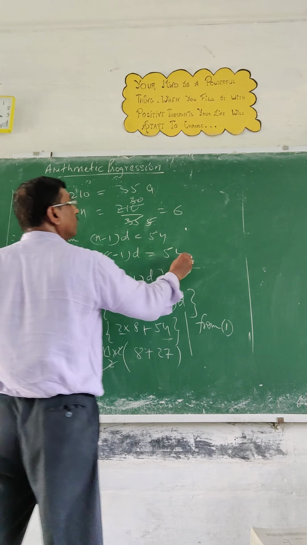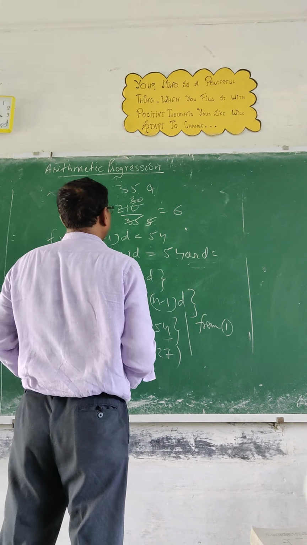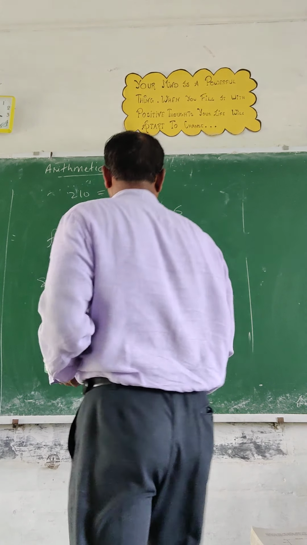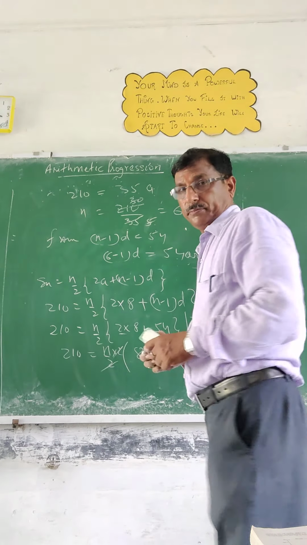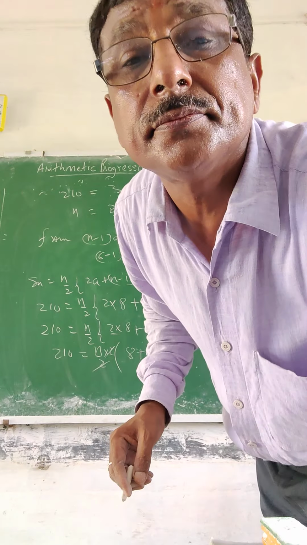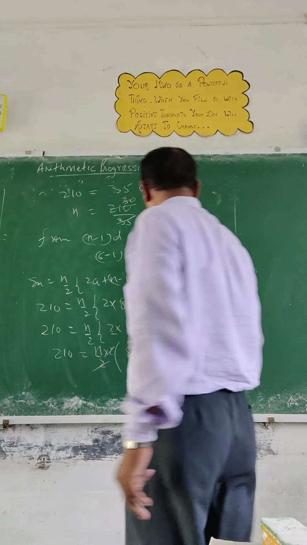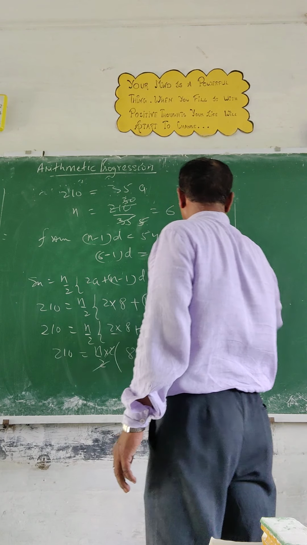Just shift, so d is equal to what? 54 upon 5. Okay children, now you can see what you get? d is equal to 54 upon 5.